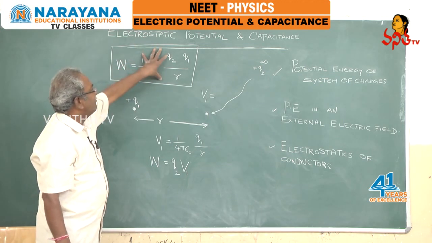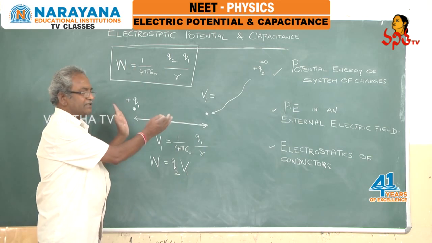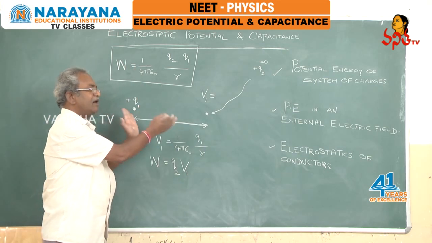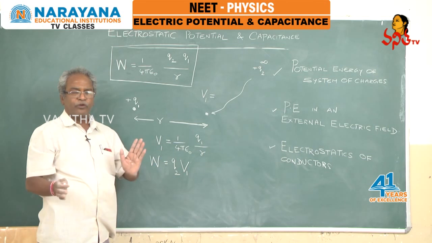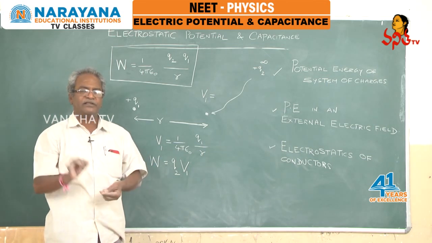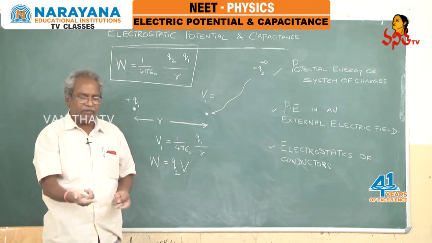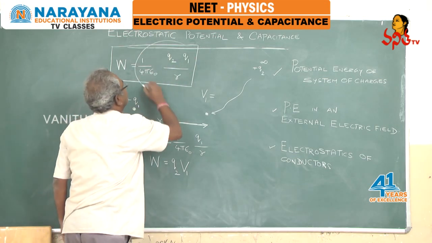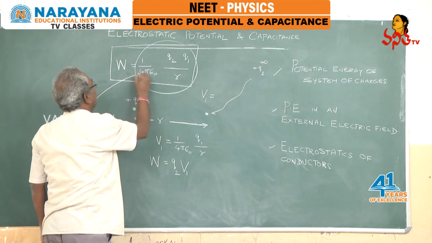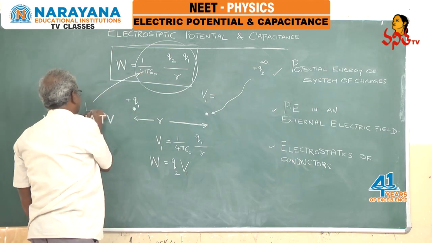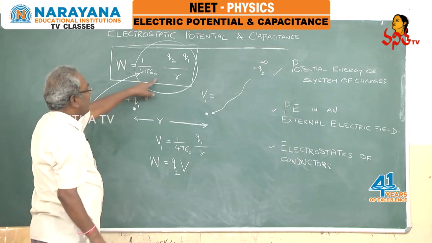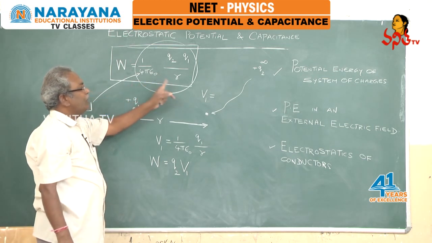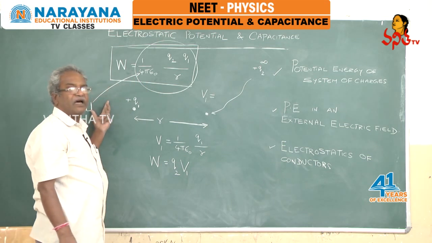This amount of work done appears as potential energy in that system of charges. So, in a system of 2 point charges Q1 and Q2 separated by a distance r, the amount of potential energy stored will be this one. This is the potential energy of the system of charges.